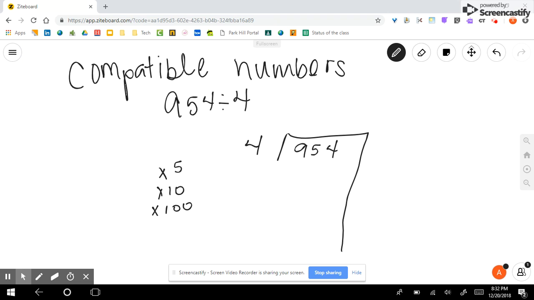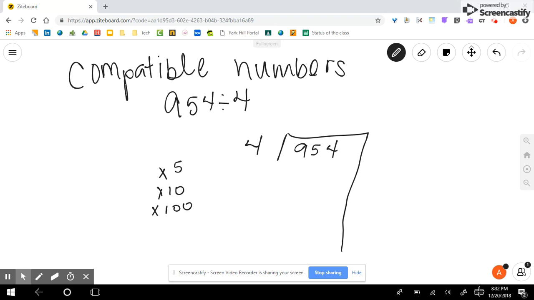So I'm going to walk you through this like we do it in class. First I'm going to look at 954 as a whole. That's different than the standard algorithm method where we just look at the 9 first. If you're using compatible numbers, you're looking at the whole number. So 4 times 5, that only gets me to 20.